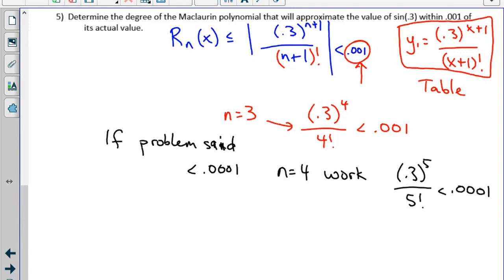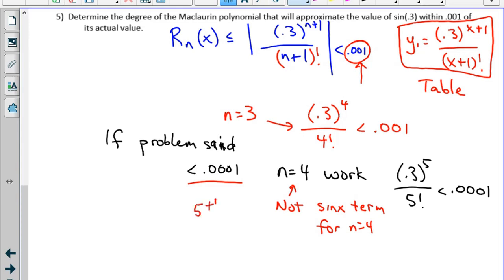But there is also not any sine term for n equals 4. So you have to be careful. If the problem said less than 0.0001, even though n equals 4 would work, you would have to report the answer as a 5th degree polynomial because there is no 4th degree term for sine of x.